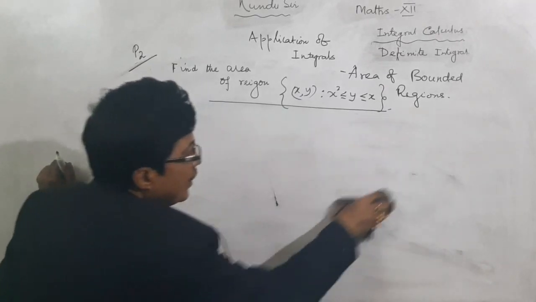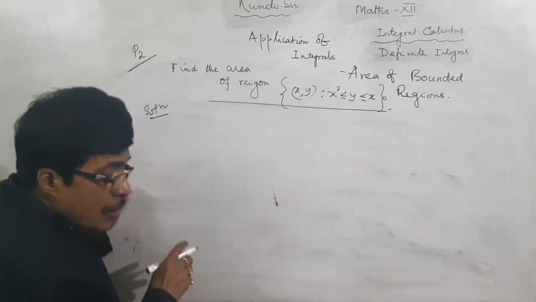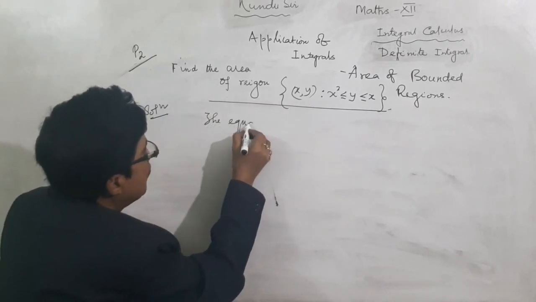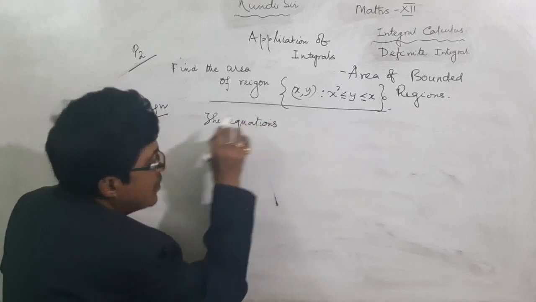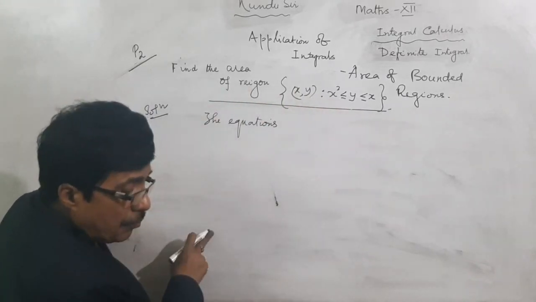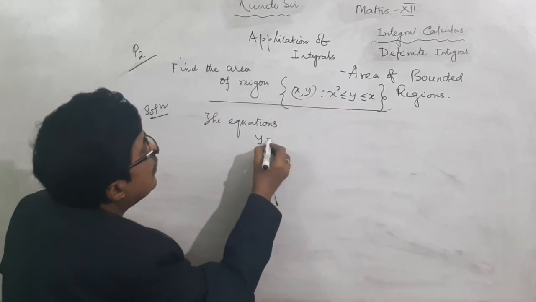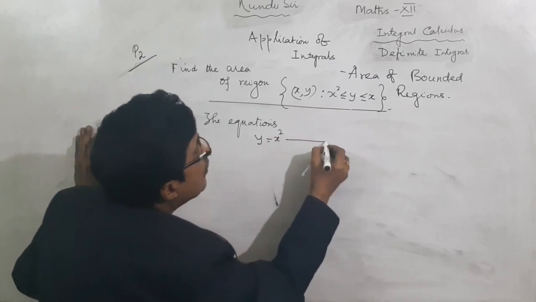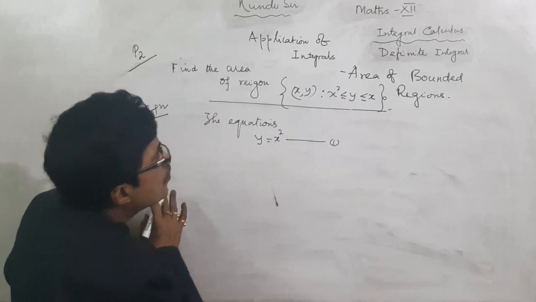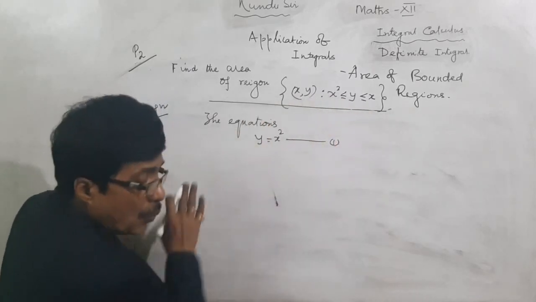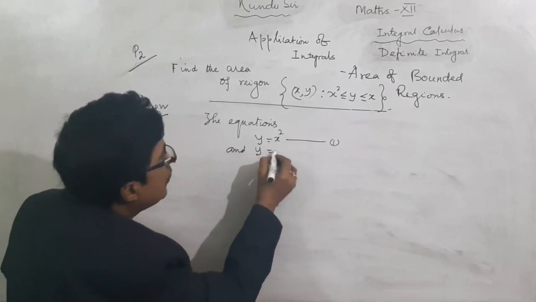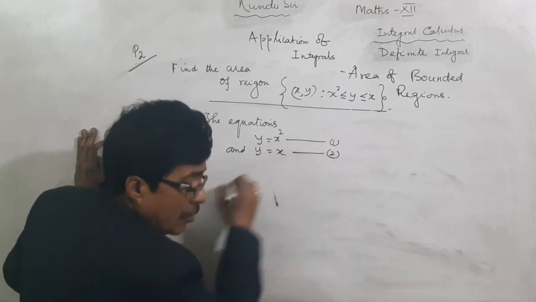The equations are y equal to x², marked as 1, and y equal to x, marked as 2. It is question number 2.